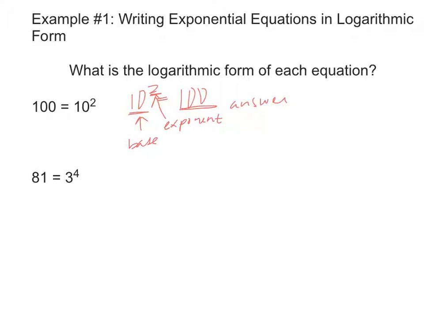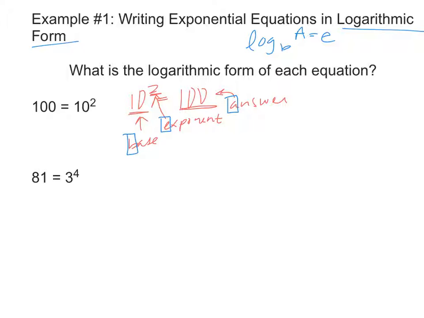Now, notice the first letter of all of these. We have a B, we have an E, and we have an A. Now, for something to be in logarithmic form, it's really: log is BEA.